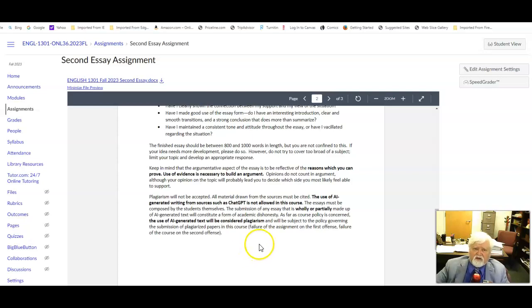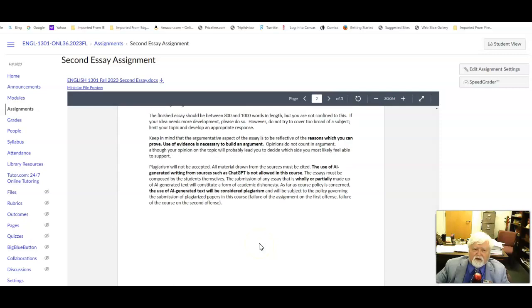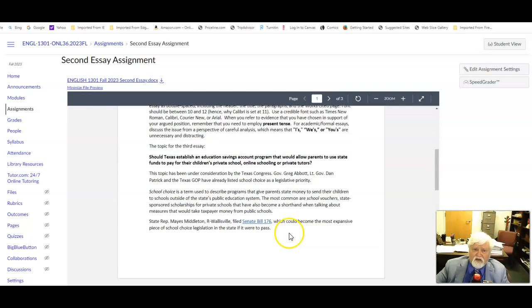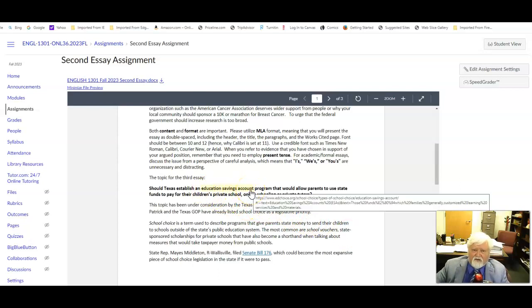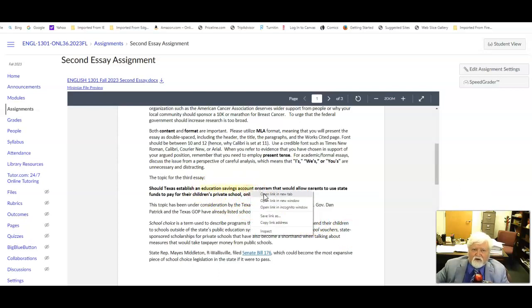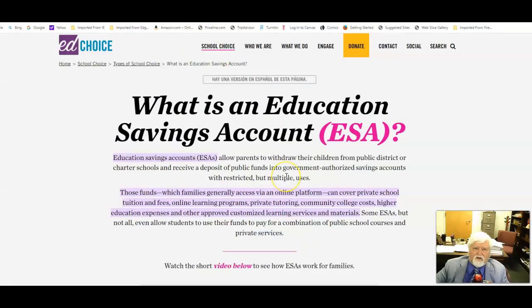So again, your topic this time is about school vouchers or education savings account or school choice, whichever term you prefer, because they're all basically the same thing. And again, education savings account is how I put it. And if you actually look here, I didn't show you this earlier, that takes you to a link and takes you back to this EdChoice one that I showed you earlier that I had a link to.